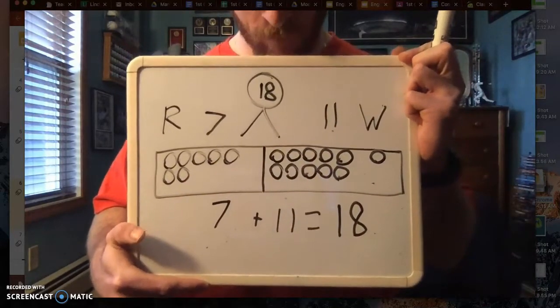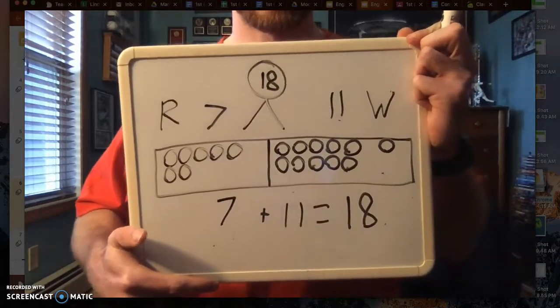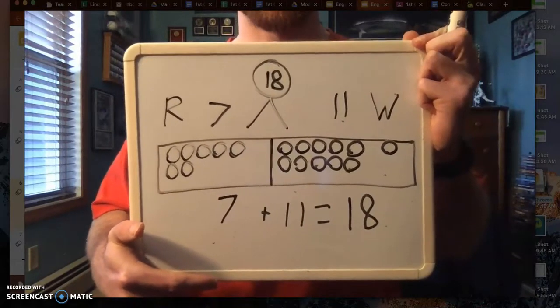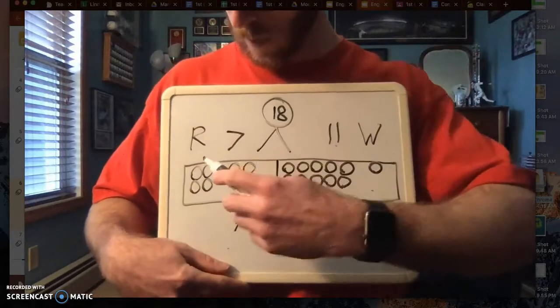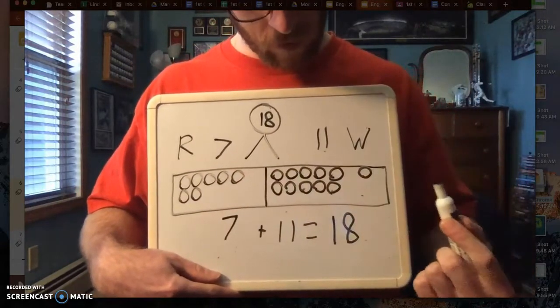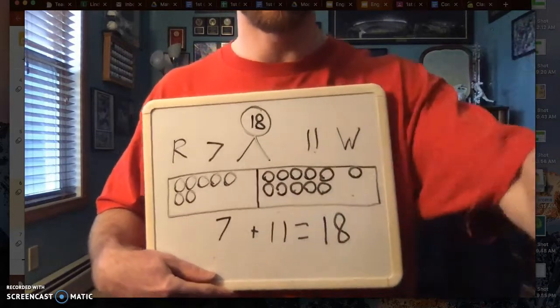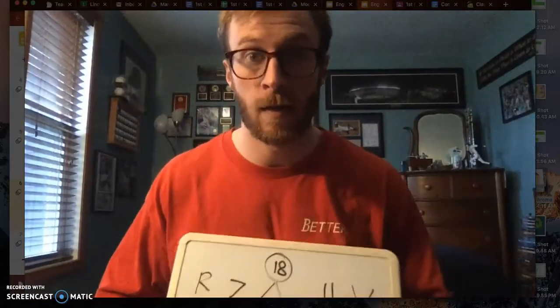That's awesome. We have our full tape diagram filled out. It's labeled, and we have our number sentence on the bottom that tells us our answer. So Rose's 7 pictures plus Willie's 11 pictures equals 18 total pictures. All right, awesome job. We are going to move on to our next problem.